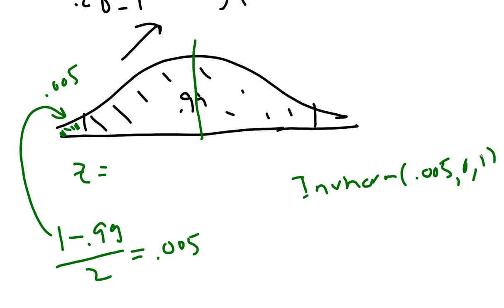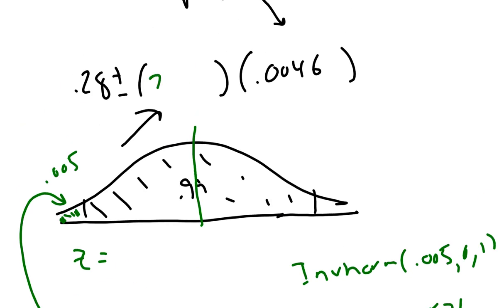It will ask you for an area, put 0.005, sorry. Leave the mean at 0 and the standard deviation at 1 because we're looking for a z-score. And then we get z equals negative 2.576 when rounded. In the confidence interval, I would just put the positive version of that, 2.576.